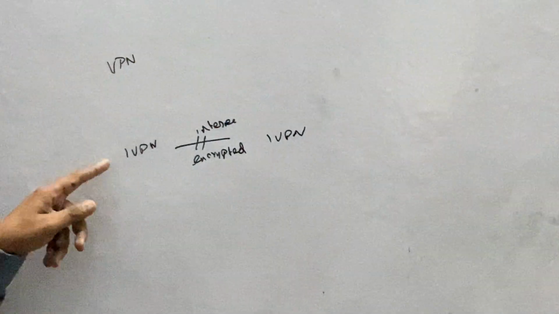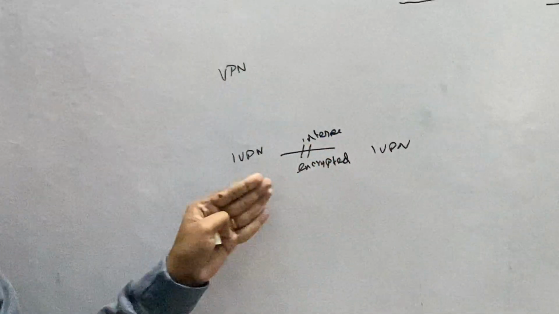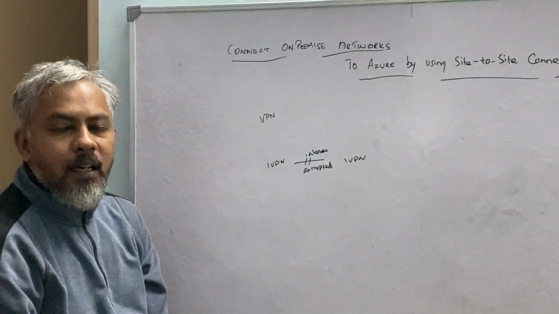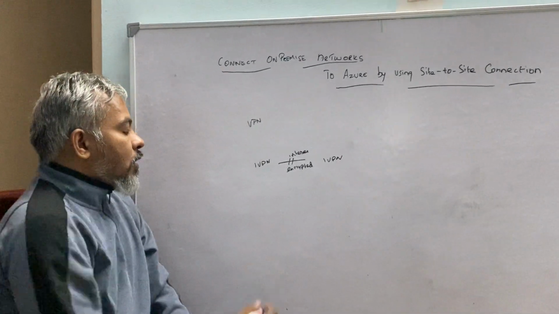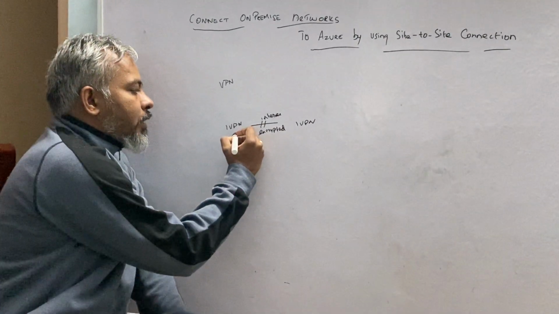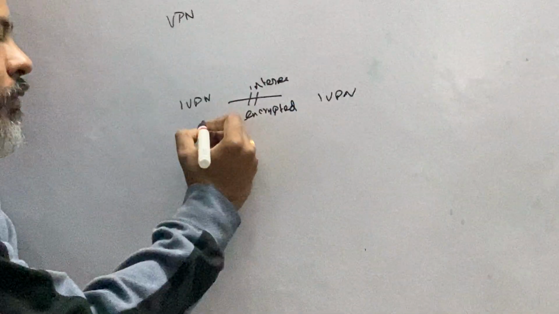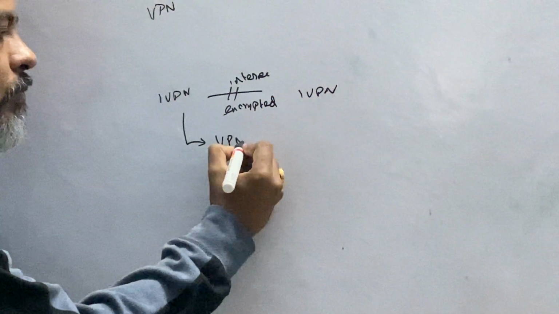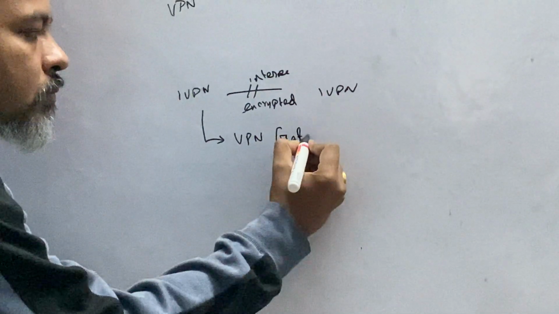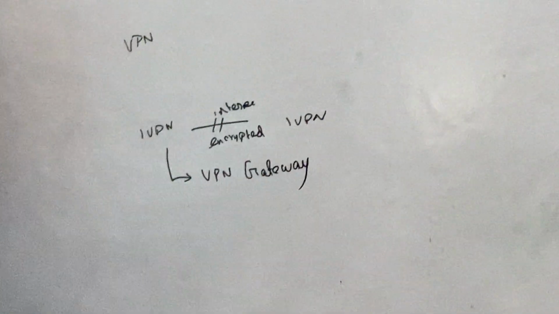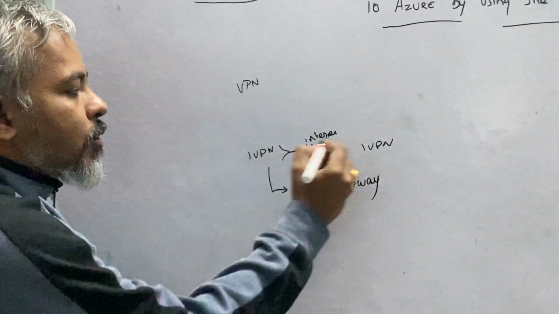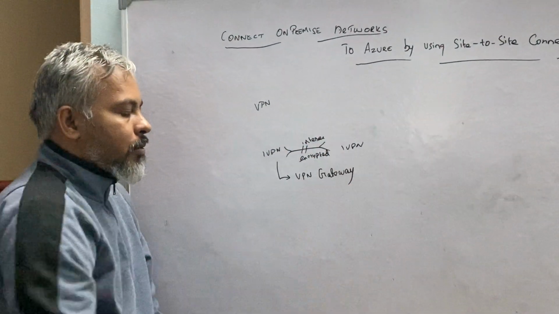So basically, using the VPN with the encrypted tunnels, we are going to connect. Once you create a virtual private network, you can deploy a VPN gateway. A gateway is nothing but the door to communicate between both of these virtual private networks.